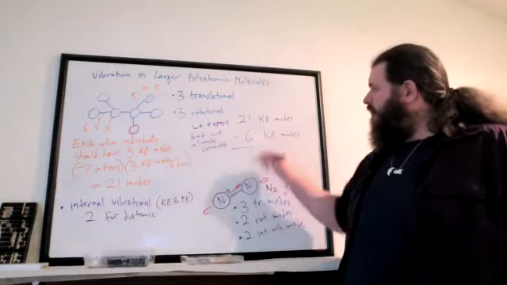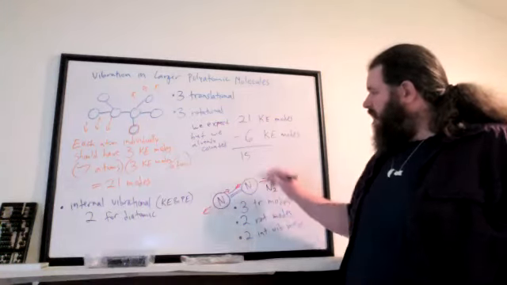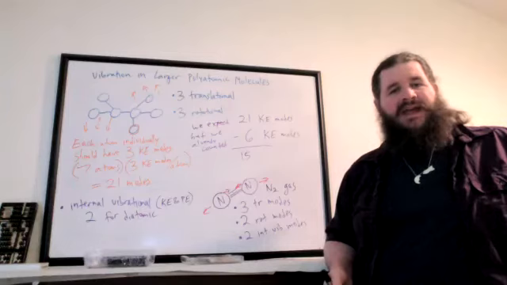So if we subtract those, 21 minus 6 would be 15. That means there's 15 kinetic energy modes we haven't accounted for yet.